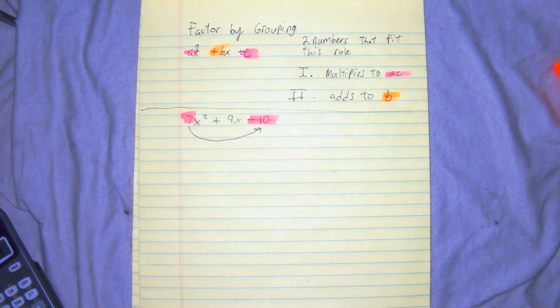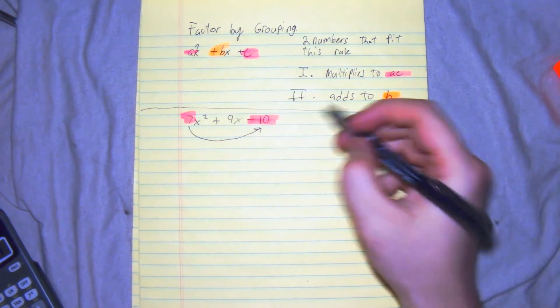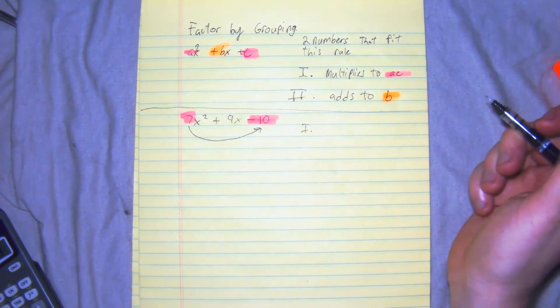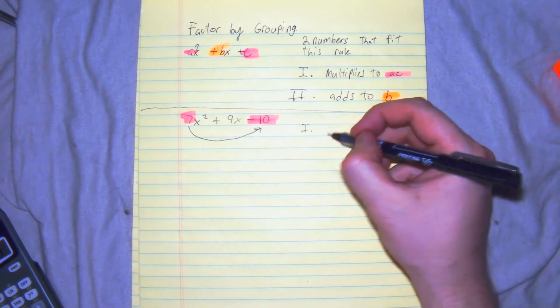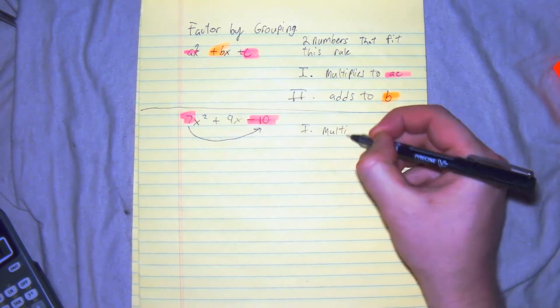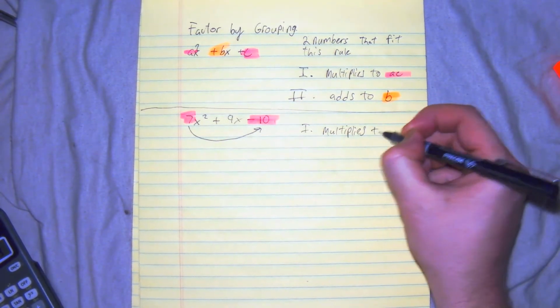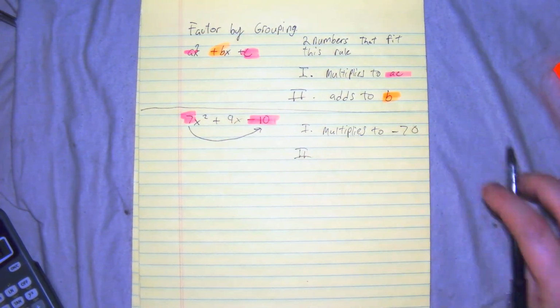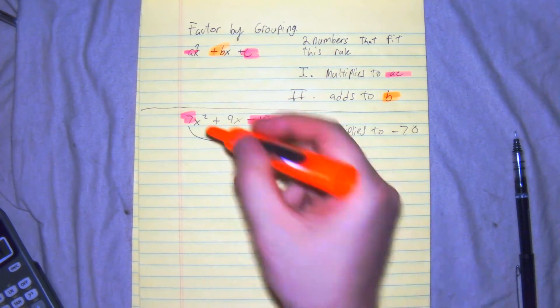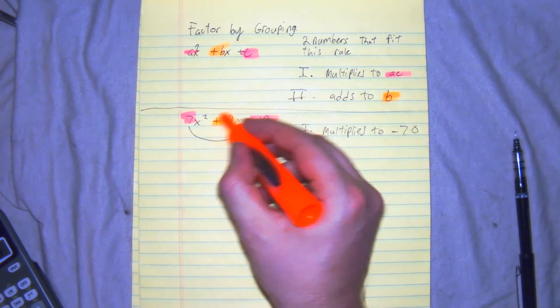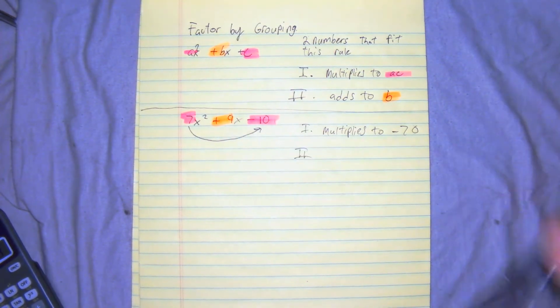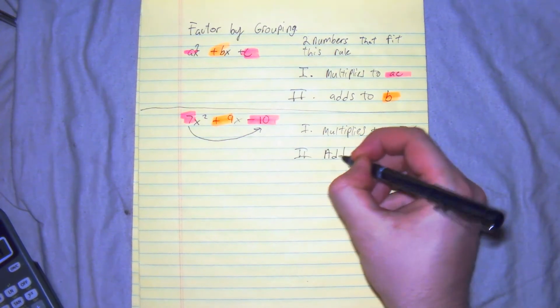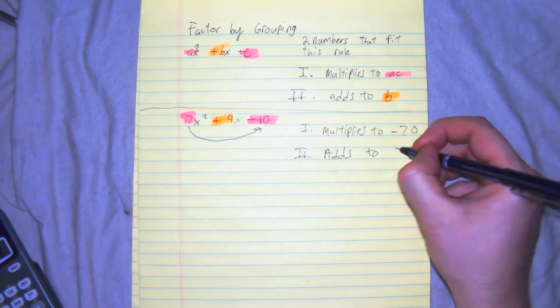For part 1 of the rule, what multiplies to negative 70, and part 2 adds to 9.